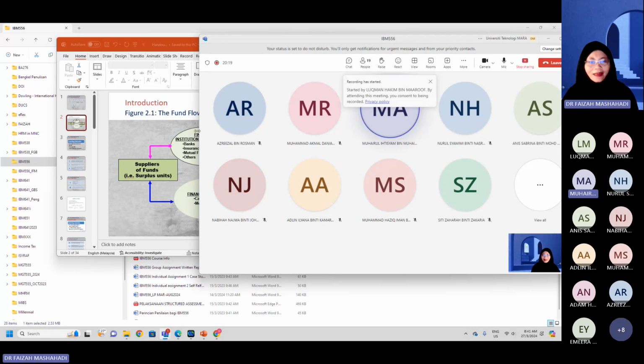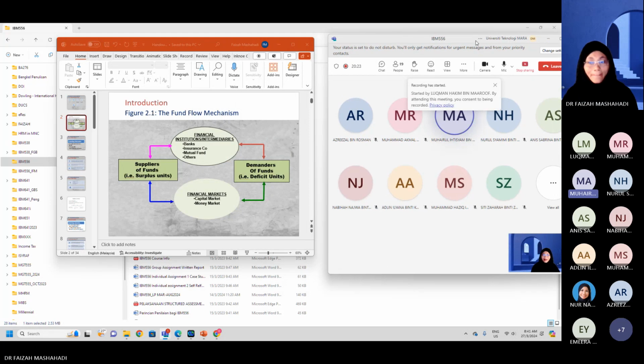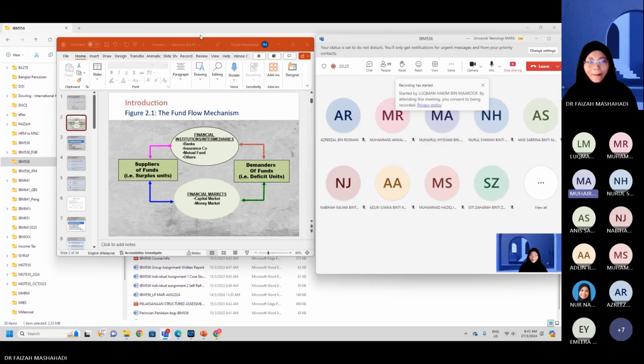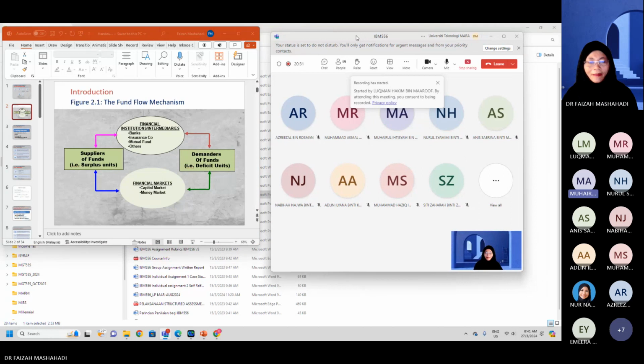Is it because the company issues the bond itself, so the supplier can... I don't know how to explain.